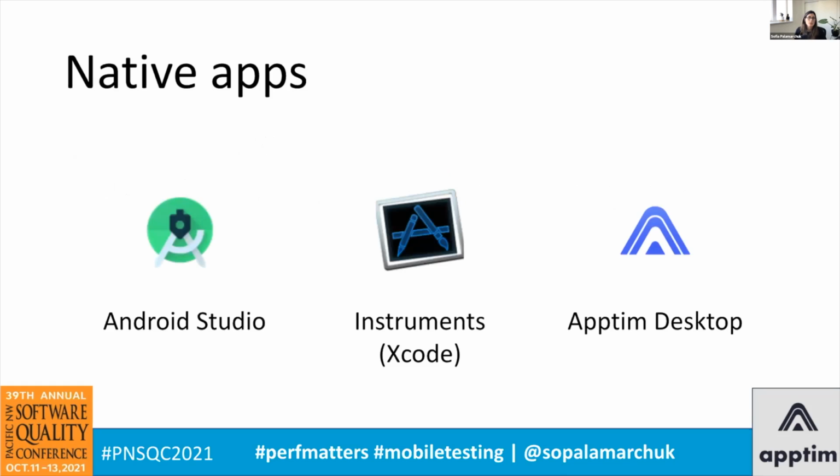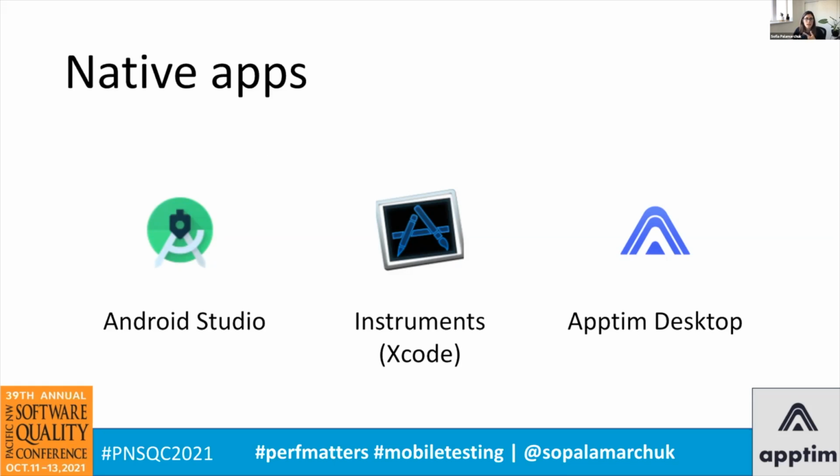And then when it comes to native apps, there are some profiling tools that many developers are familiar with. When we are developing and testing an Android app, inside Android Studio, we have Android Profiler. If we are developing for iOS, inside Xcode, there's Instruments.